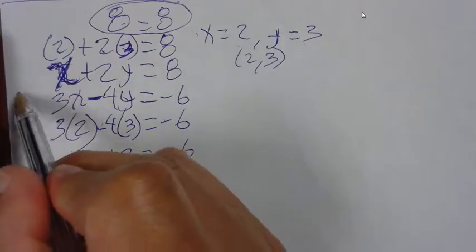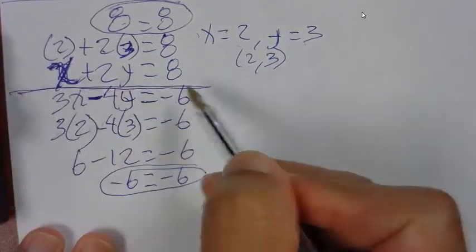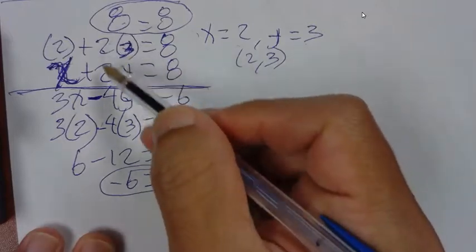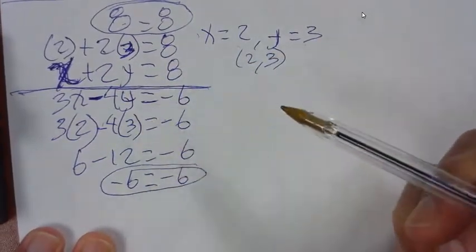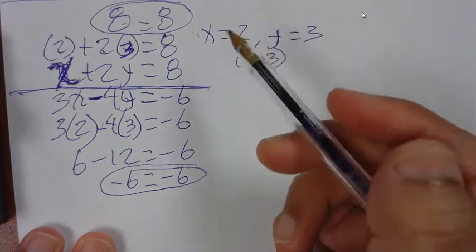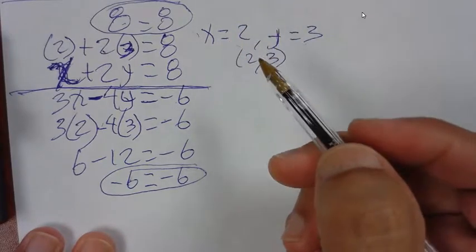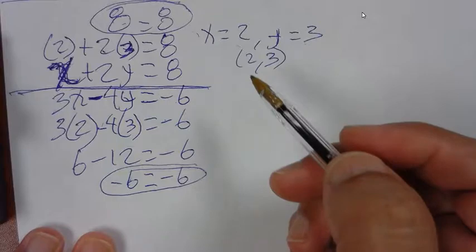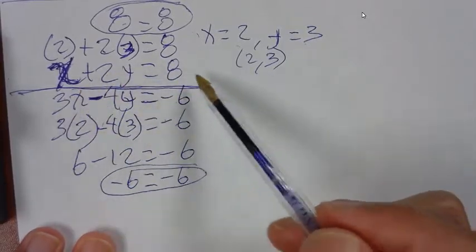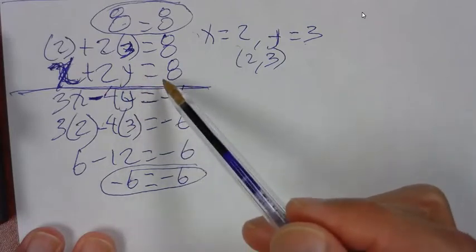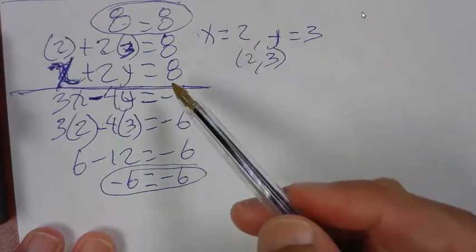All right, and then I'm just going to write a line to separate those two. That's this equation and this equation. All right, and from here, if I told you that we could mix up these two equations, would you believe me?